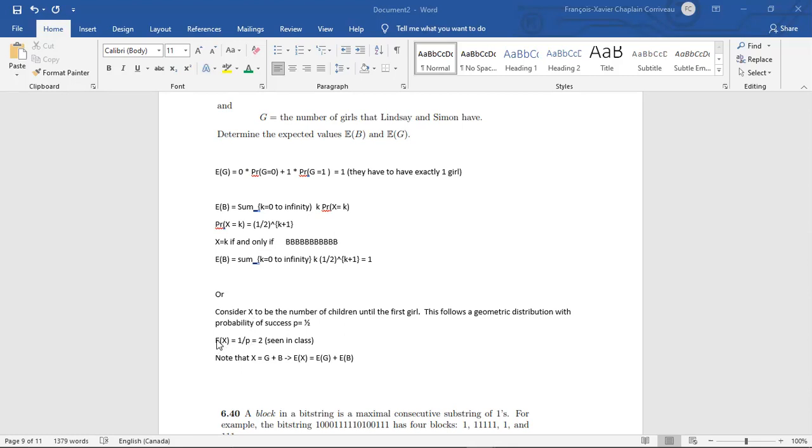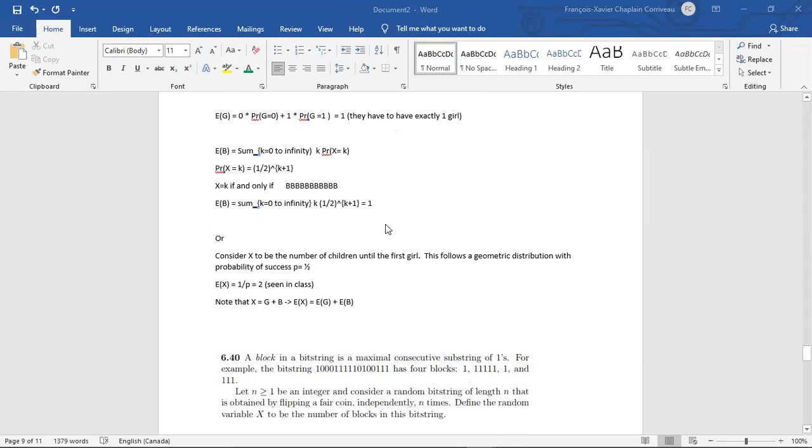Like how you said the formula for the expected value of x is equal to 1 over the probability. Does that mean the probability of x is whether x is a boy or a girl? Yeah, so here x is the number of children until the first girl.